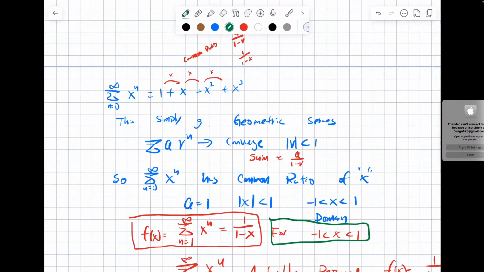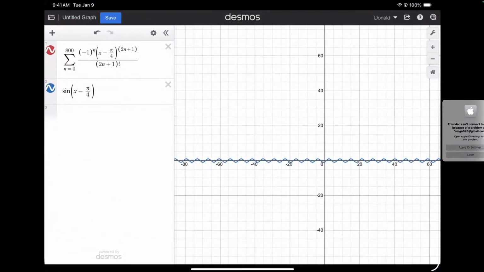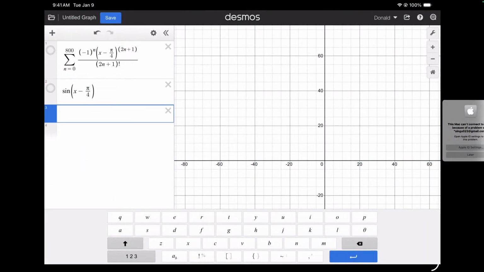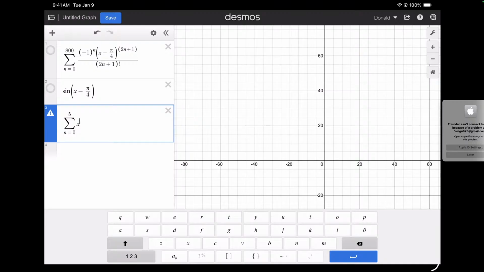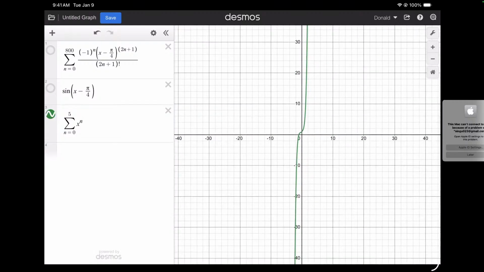And I'm going to show you how that works. If I highlight this, I say the summation from 0 to 5 of x to the n, it looks like this, right?